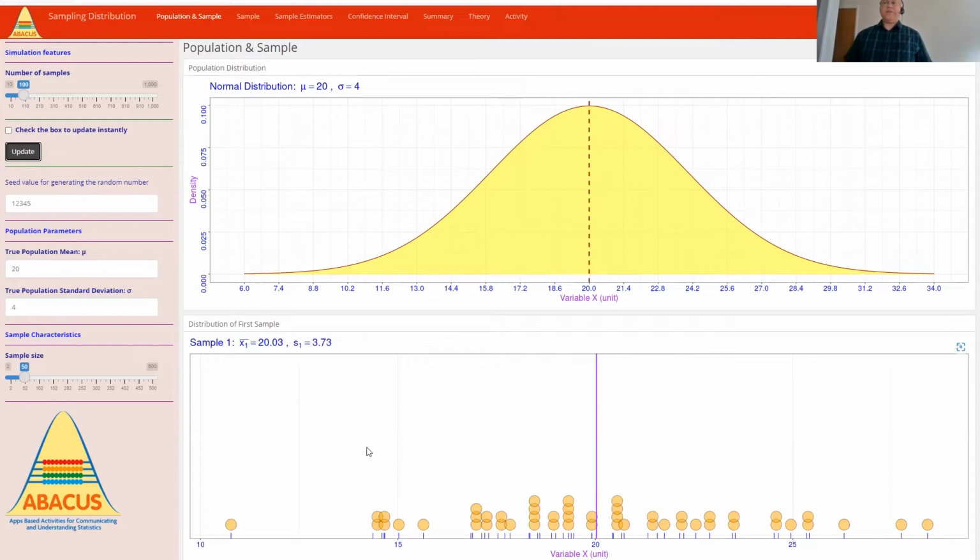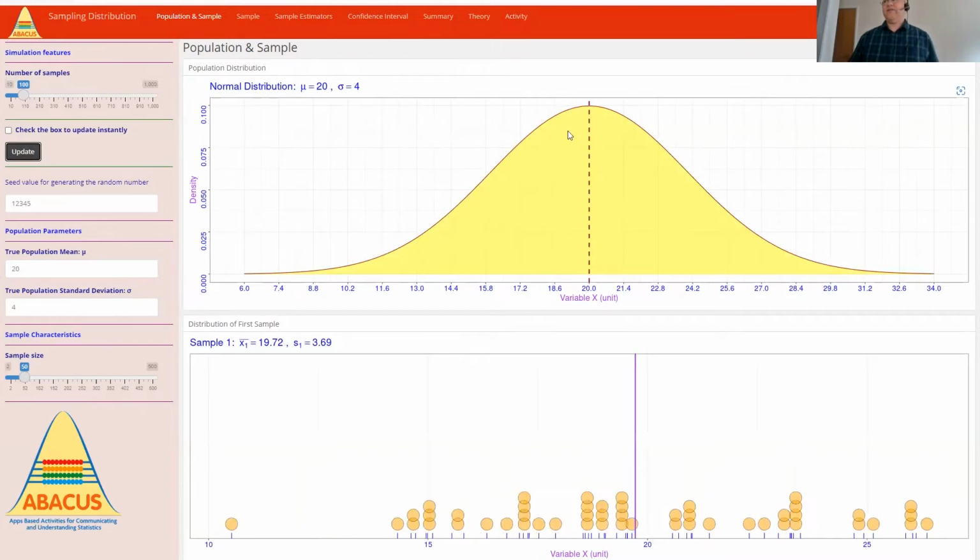So in the frequentist framework, we can repeat that experiment an infinite number of times. Let's repeat that experiment 100 times. I've selected 100 here and just do it again. This is my first sample, with 19.72 as my sample mean.